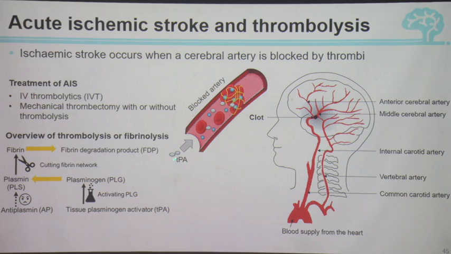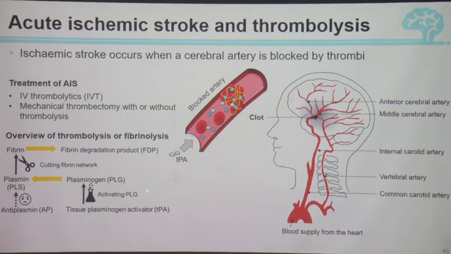There are different variants of TPA, but for now we just call them TPA. TPA can be delivered either through intravenous infusion or through local injection into the blood vessels. And then when the TPA reaches the clot, this happens. So let's start from here. This is tissue plasminogen activator.